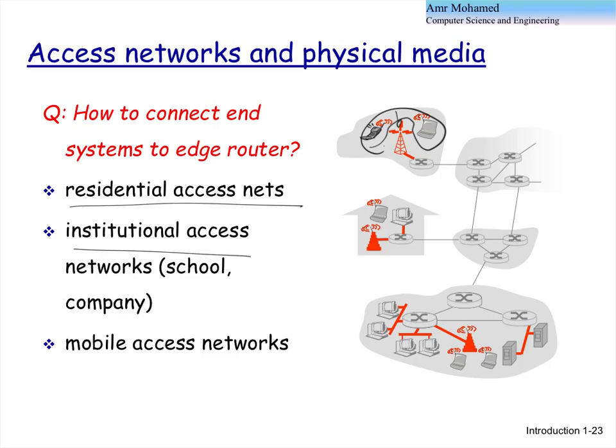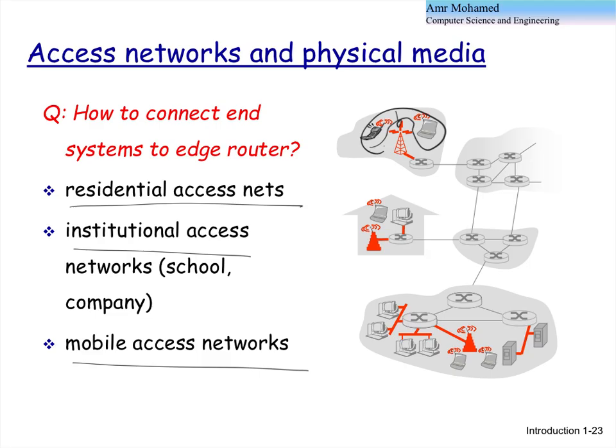Institutional, like if Qatar University, for example, wants to have access at the institution level to the internet, what type of access methods do we need to use in that case? And mobile access networks. Mobile, because they have a special feature related to mobility, portability, and ubiquity, and so on.